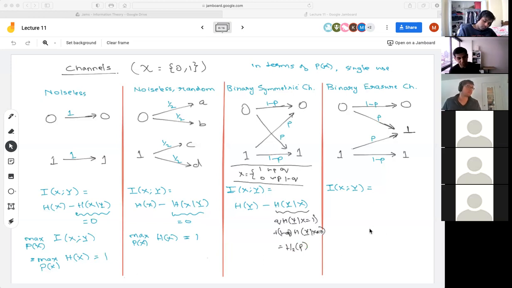Okay, now let's go to the other term. What about H of y? We can do this explicitly. What is the probability that y is equal to 1?